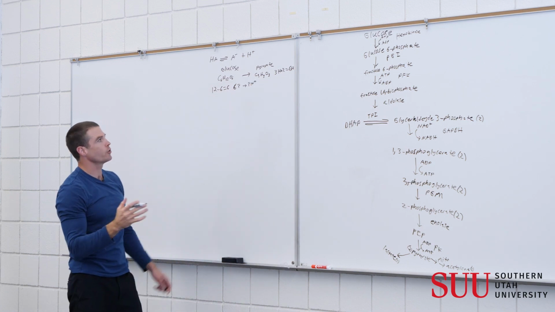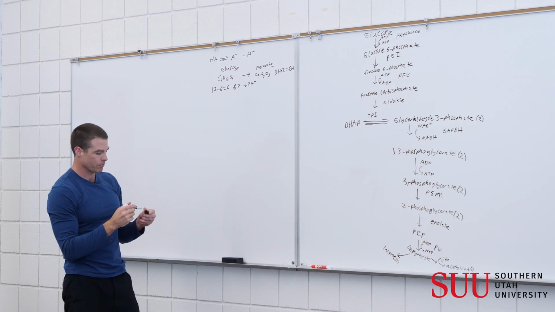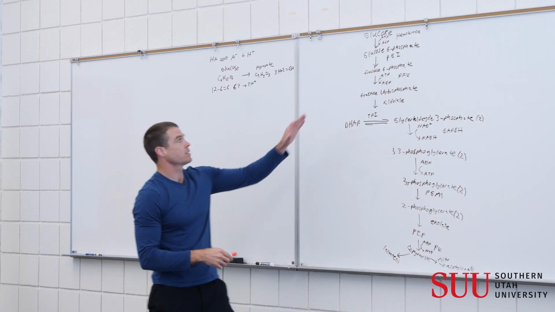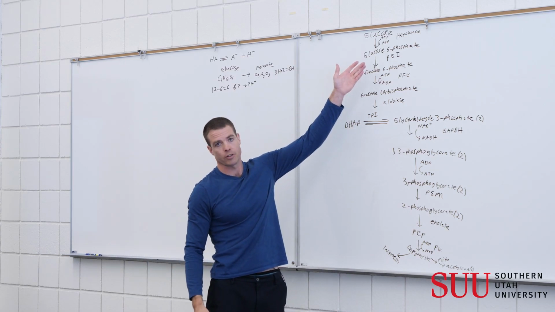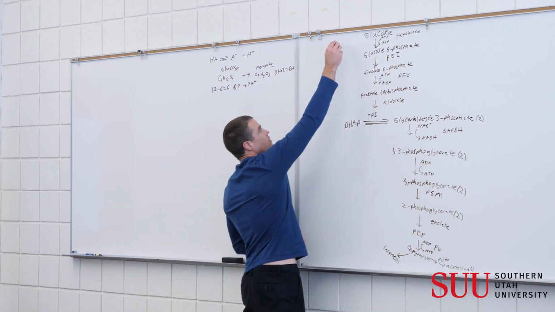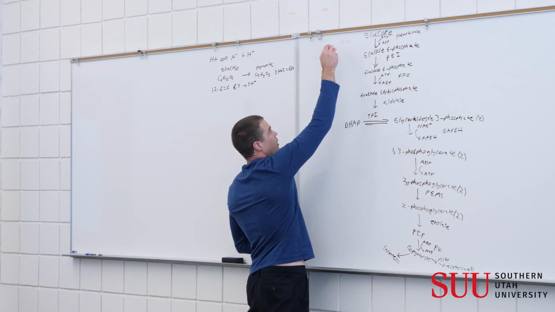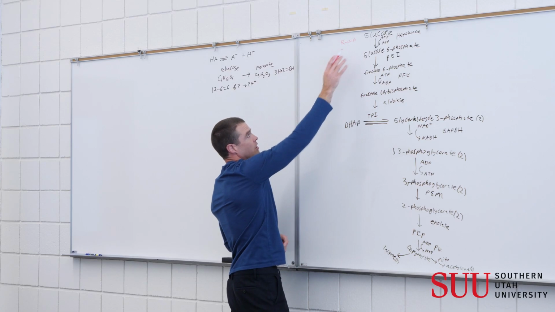So let's go through this reaction of glycolysis and figure out all the missing hydrogens. I'm going to use a different pen. And let's start with glucose. The first reaction is glucose to glucose 6-phosphate. Now, what happens here is on the glucose molecule, you have this carbon with the oxygen and hydrogen.